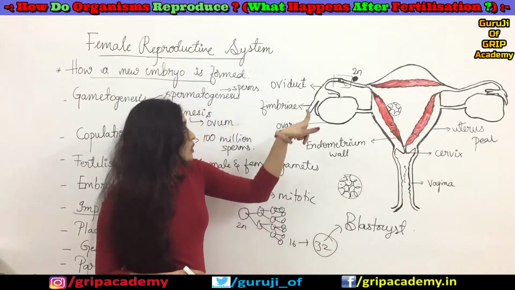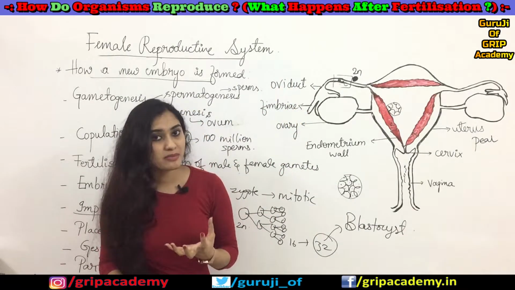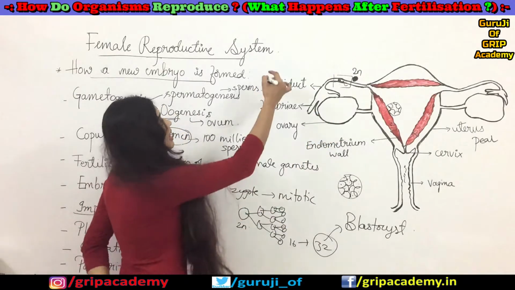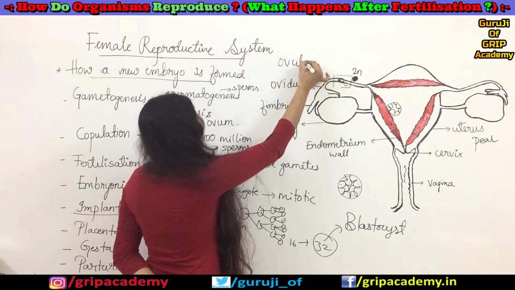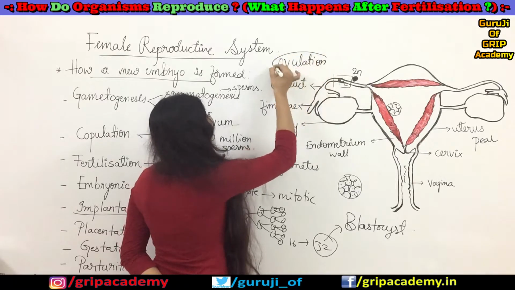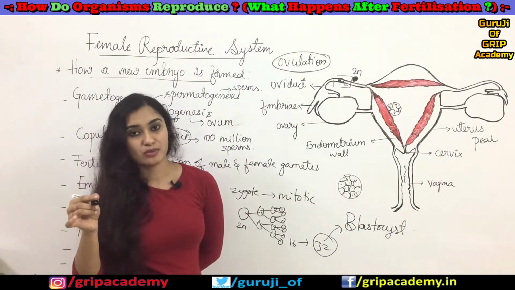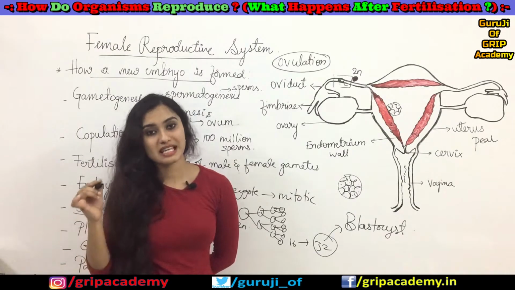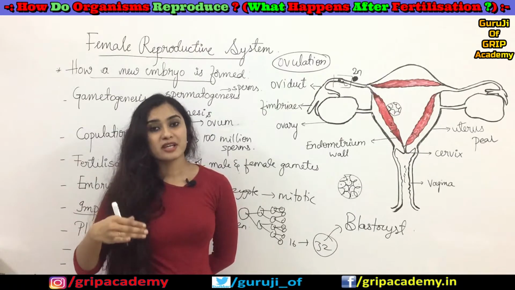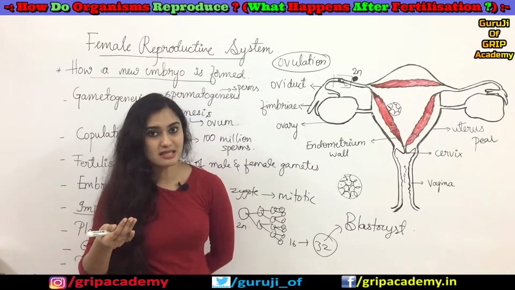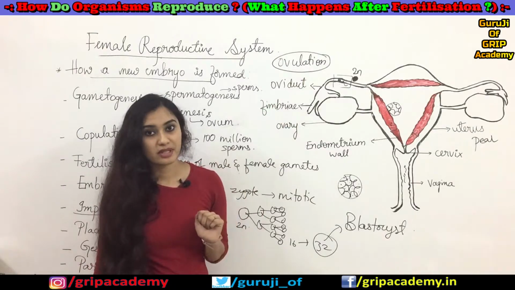See, when ovulation happens, ovulation means what? The release of the egg, right? So when that happens, as I told you before, the estrogen and progesterone hormones, the so-called sex hormones in females, increase in level during ovulation.